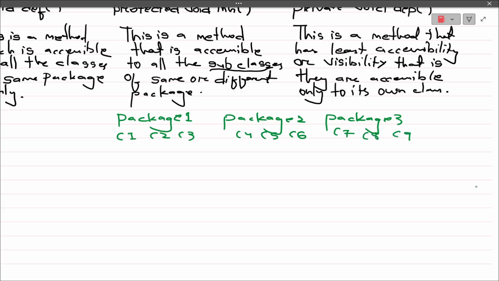Suppose these all are there. So if this particular C2 is a class where this is declared private void DEP, what does this private access specifier say? It says that this particular method is only accessible to its own class.